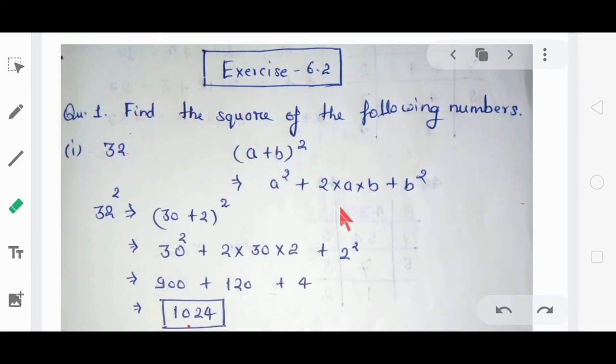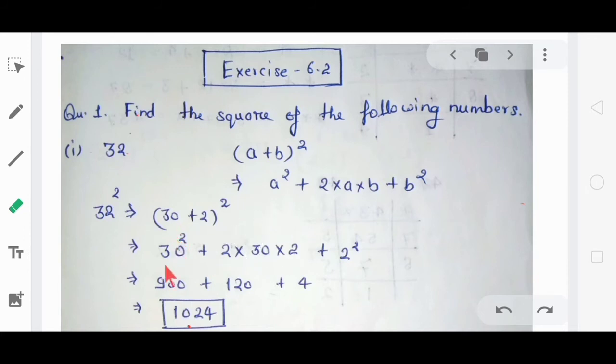So we can rightly write it 2 into a into b. Now 32 square becomes 30 plus 2 whole square. The square of 30 is here and the square of 2 comes here, and the multiplication of these two numbers, 30 and 2, can be written here. Multiply this by 2.